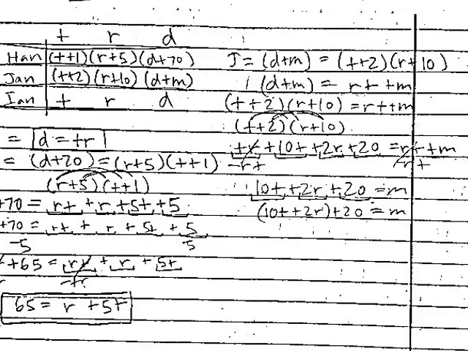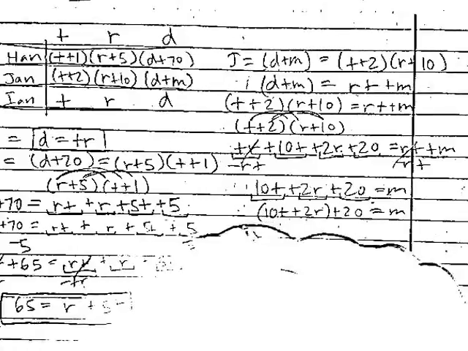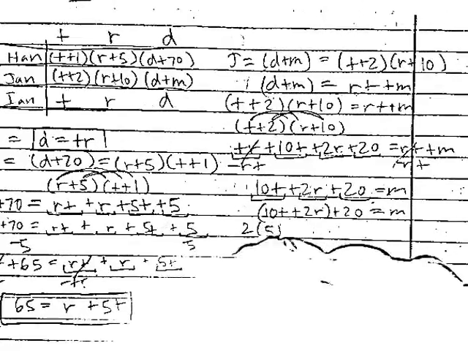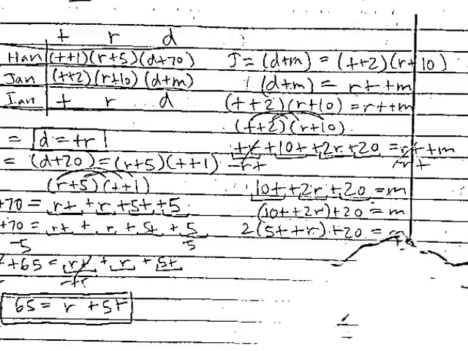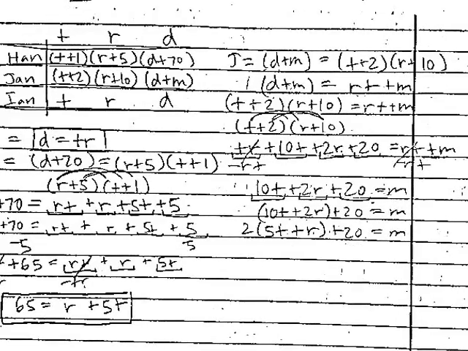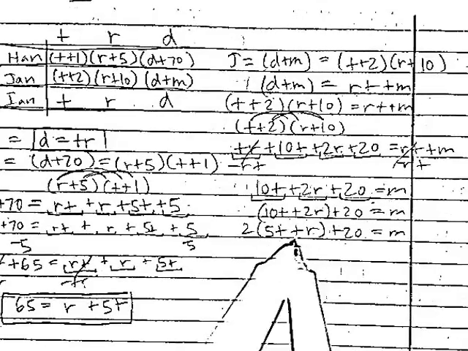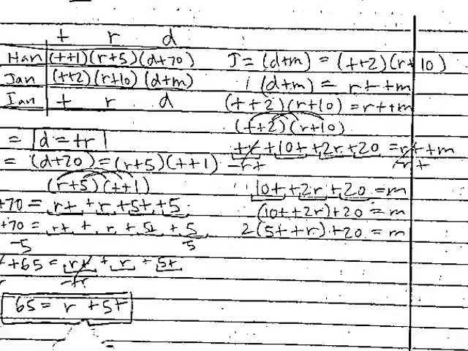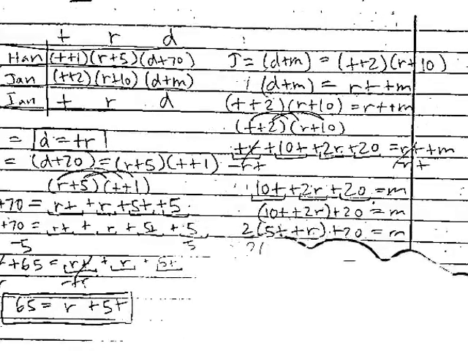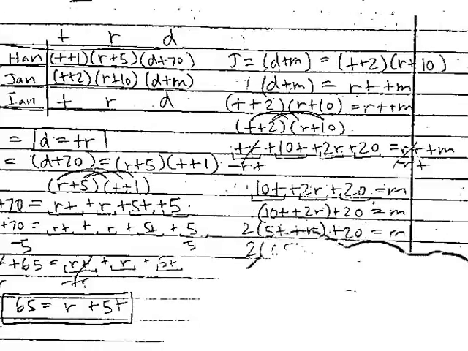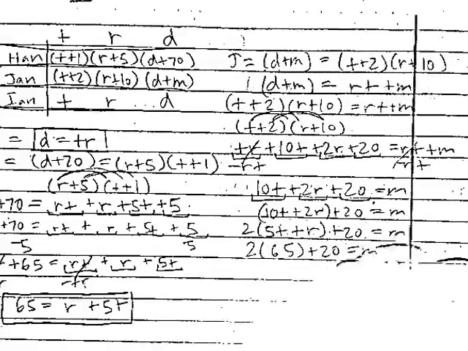I'm going to factor 2 out of this. So it'd be 2 times 5t plus r, plus 20 equals m. The reason I did that is because 5t plus r is equal to r plus 5t, and r plus 5t equals 65. So if I substitute that in, it'd be 2 times 65 plus 20 equals m.